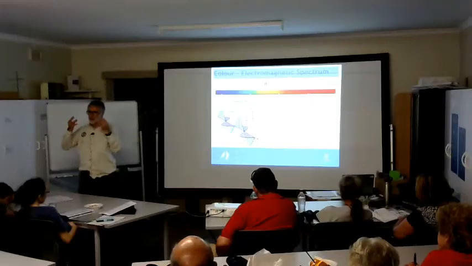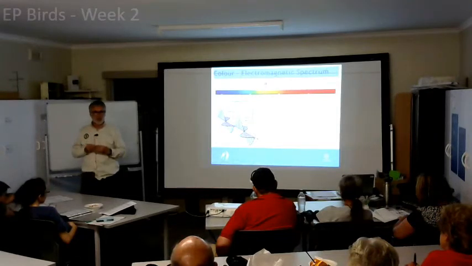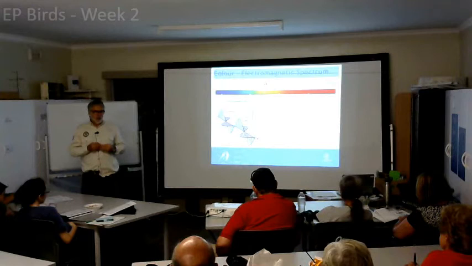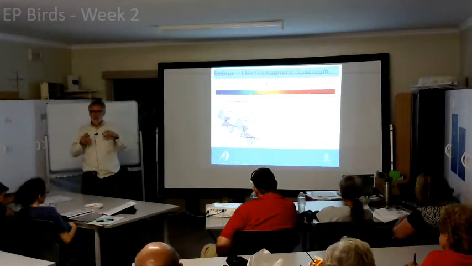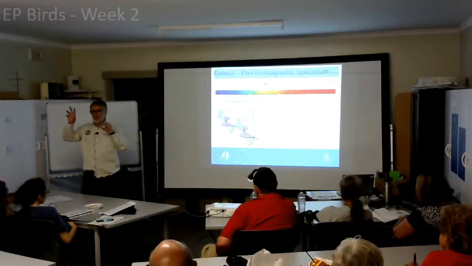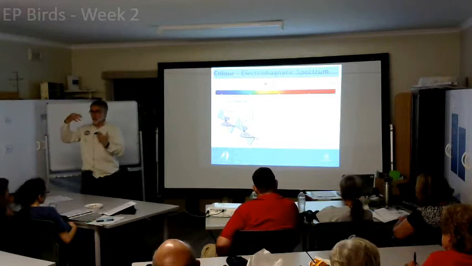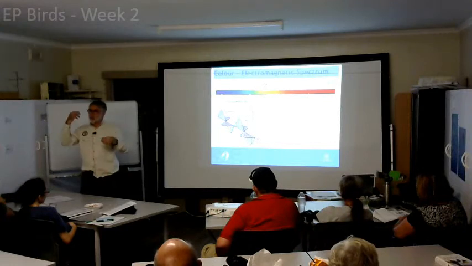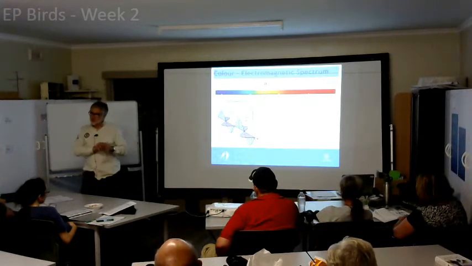We have three different types of receptors in our eyes, our retinas. And so when we see colour, it depends on which receptors we're getting light into. If we're just getting the red one receiving light, then we see red. And if we're just getting the blue one, then we see blue. And if we get both, then we start to see other colours.